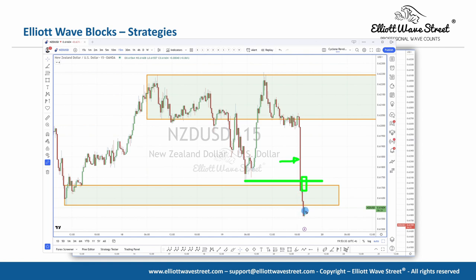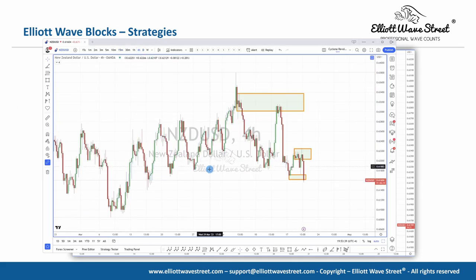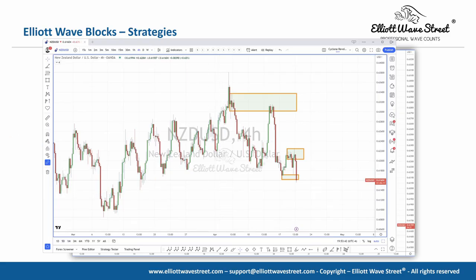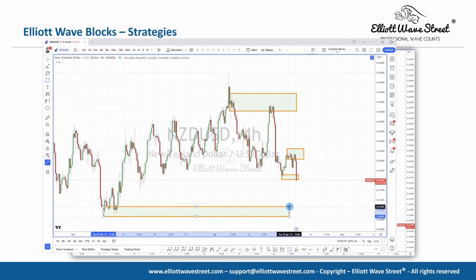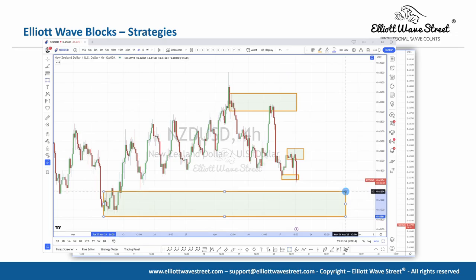Now, what can we expect? We can go to higher time frames to get better reference areas. Here we can draw our main Elliott wave block from this low, and we know that that's a target area. Probably the price can break down and continue lower, but that's the target zone.